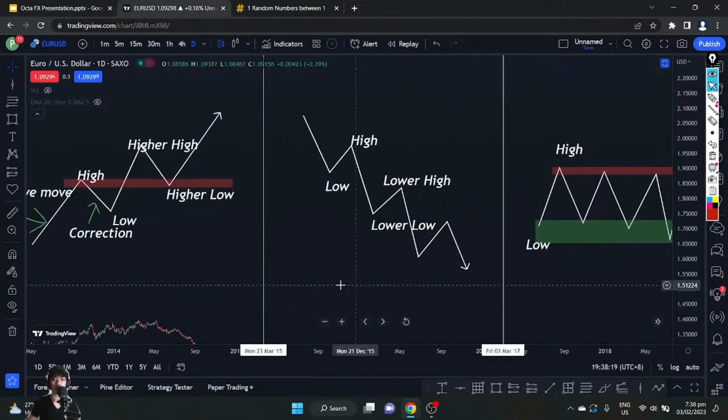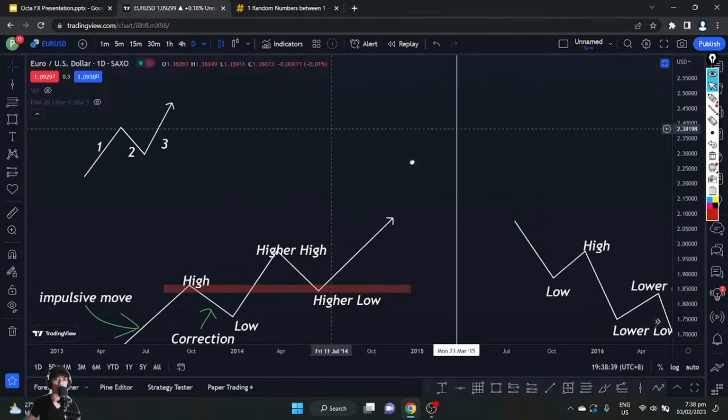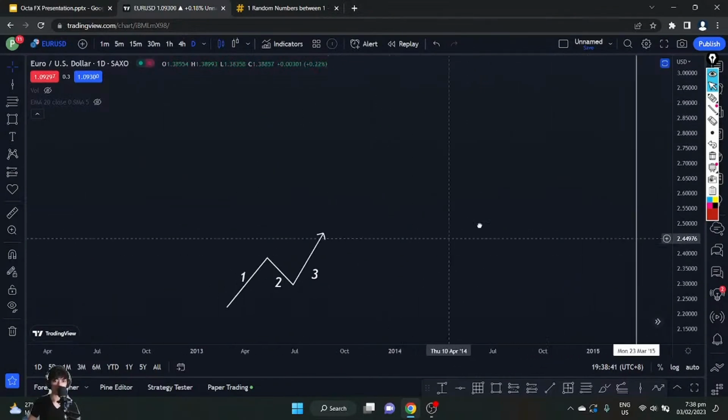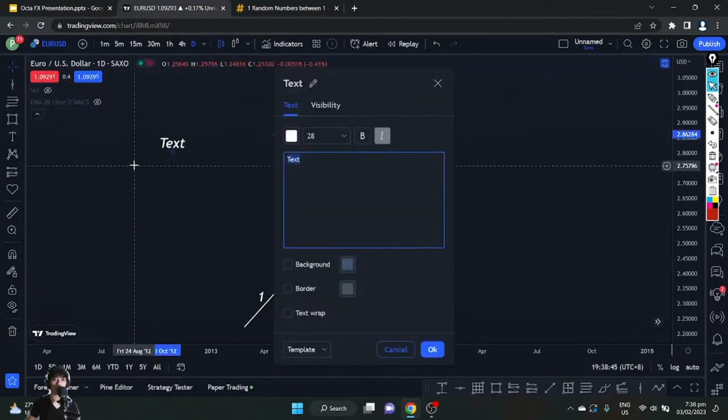All right. So now that we know what is 1, 2, 3 pattern, what is impulsive move, what is correction move, now that we understand the nature of the market structure, it has uptrend, it has downtrend, it has sideways. The next question is where to locate those important levels, right? So before learning where to locate the important levels, we must be familiar with the recency and frequency.